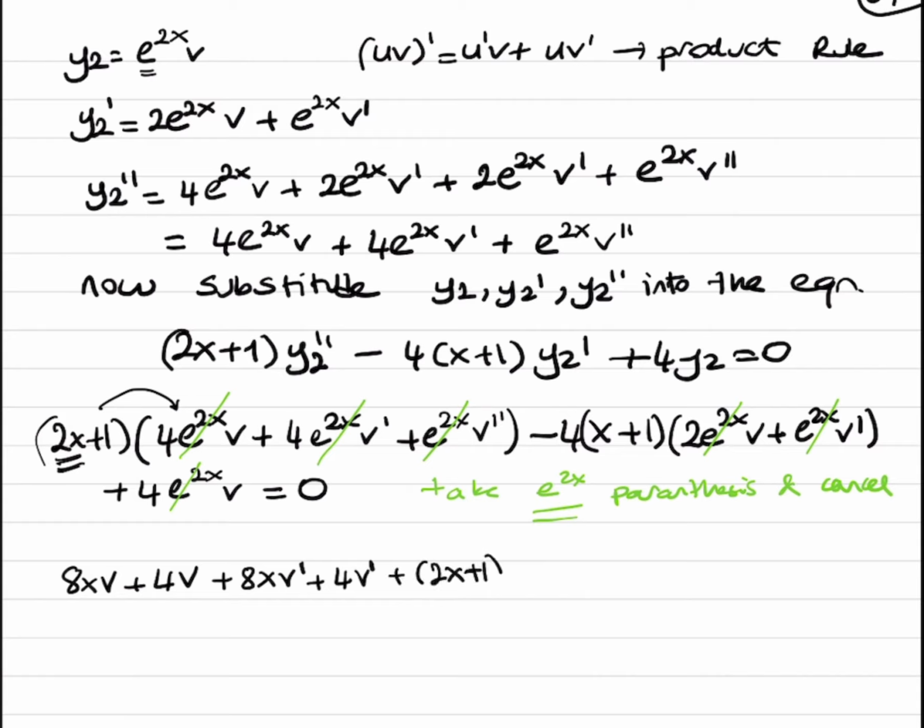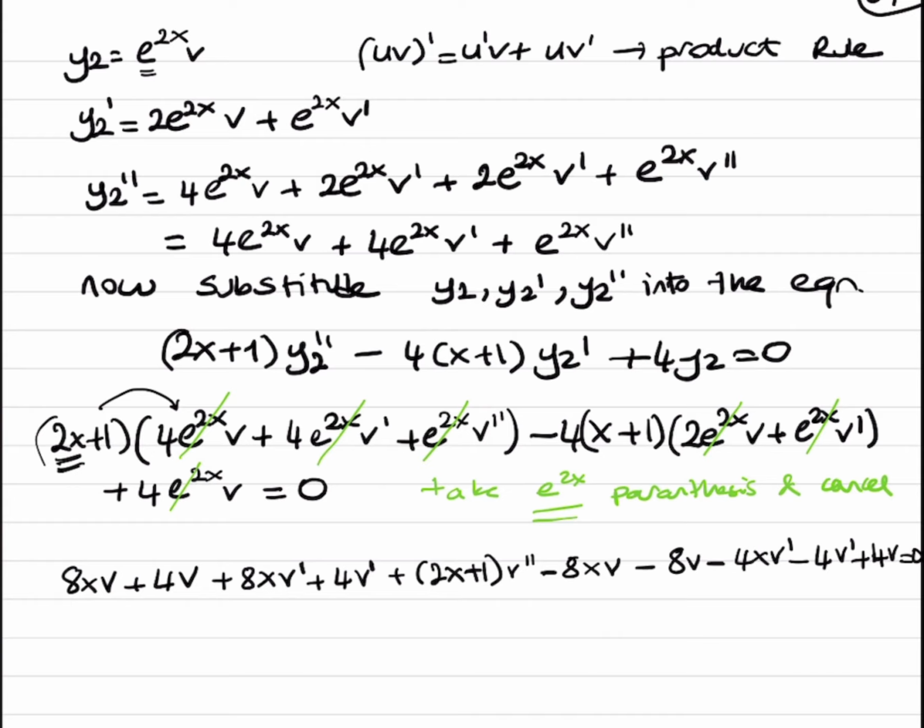We don't have any other v double prime, so we have minus 8xv minus 8v minus 4x v prime minus 4v prime plus 4v is equal to 0.